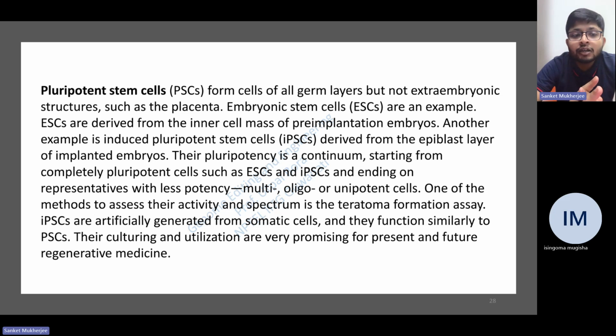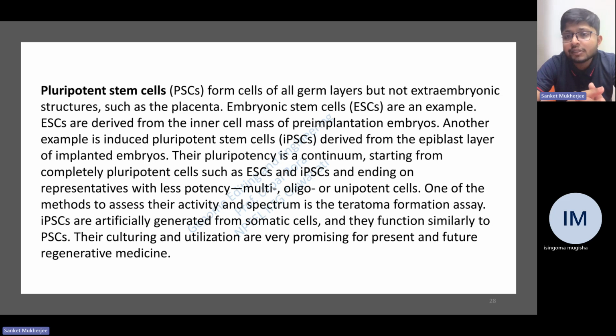Another example is induced pluripotent stem cells, which have a very promising potential. For creating induced pluripotent stem cells, we take a somatic cell, a completely differentiated cell, let's say a skin cell. We take that cell and then we inject it with some transcription factors.